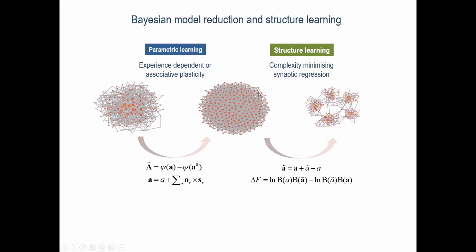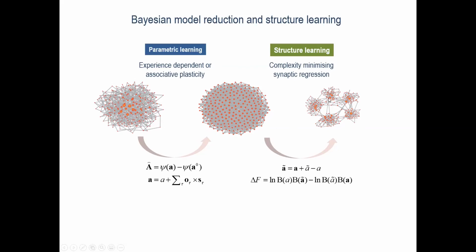So you can go through all the connections and prune them by removing redundant connections according to this very simple rule. If the change in free energy is of the sort suggesting that your posterior expectation of the parameter was just adding to the complexity, then you can remove it, and you retain it if not.